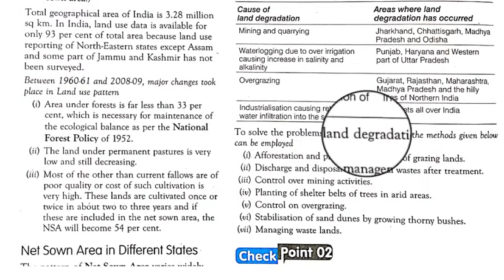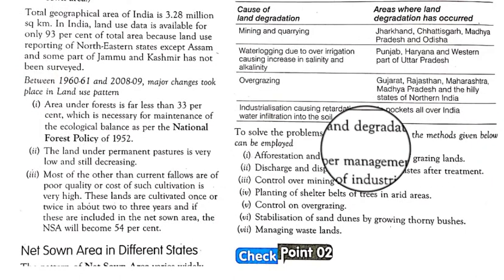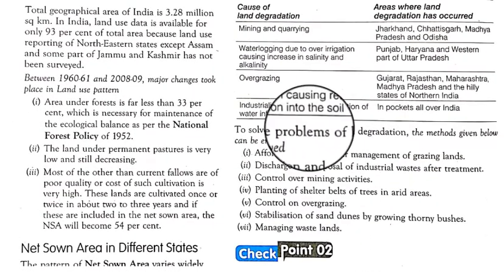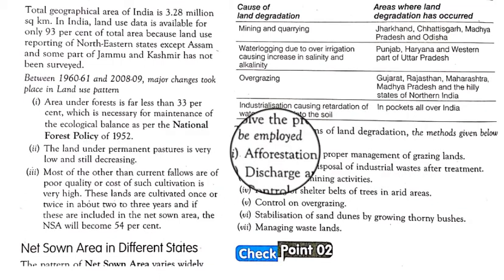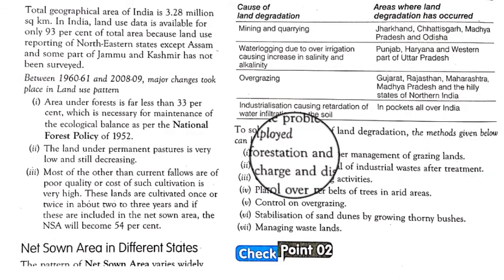To solve the problem of land degradation, the following methods can be employed. The first one is afforestation and proper management of grazing lands. So we need to plant trees where the plants are destroyed.